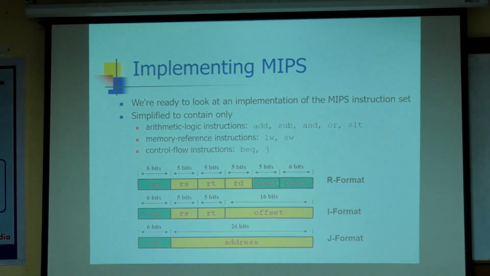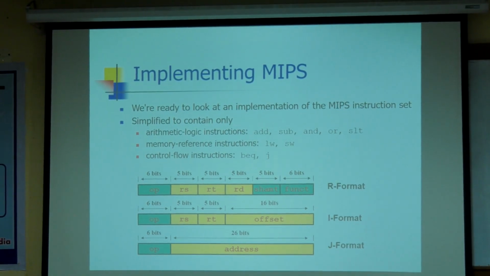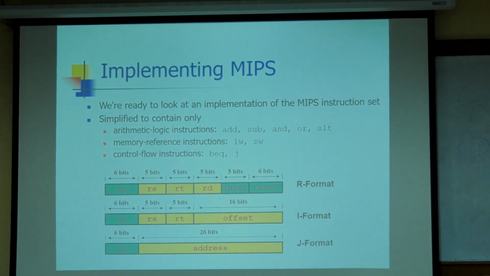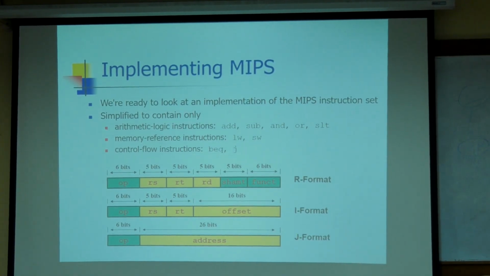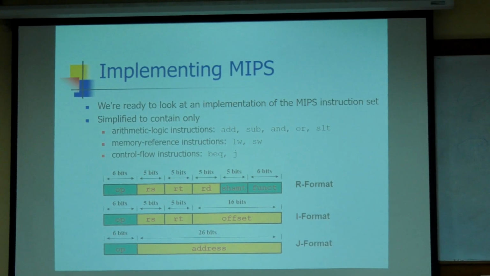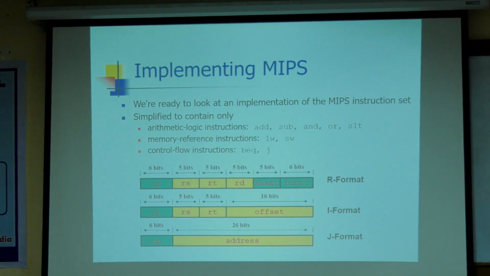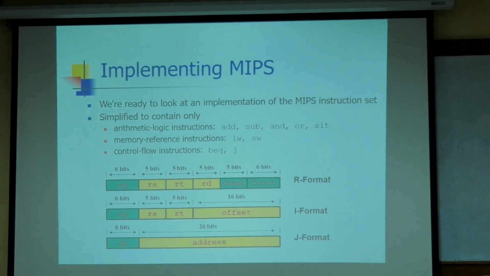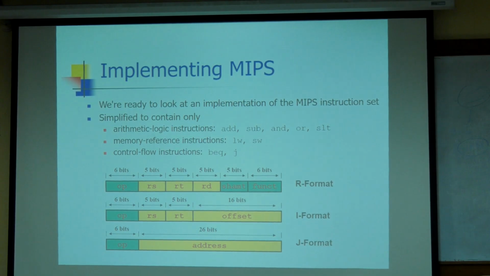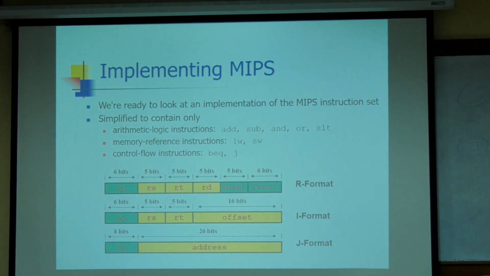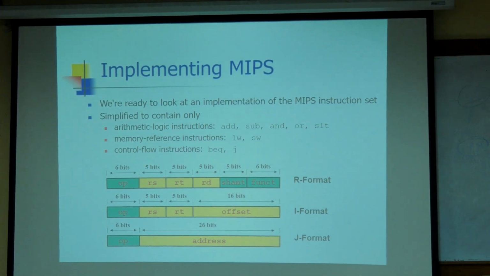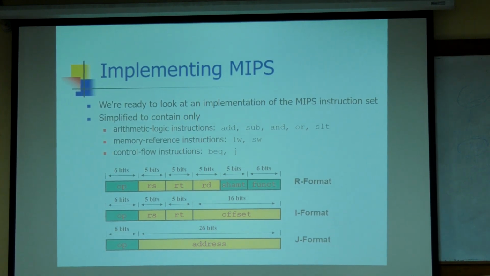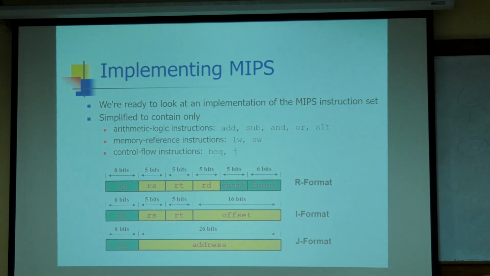Addition, subtraction, AND operation, OR operation, and compare operation, set less than, which compares the two operands and sets if the first is less. Then memory reference instructions, load word and store word, and control flow instructions like branch on not equal, a conditional jump instruction, and J, the unconditional jump instruction.